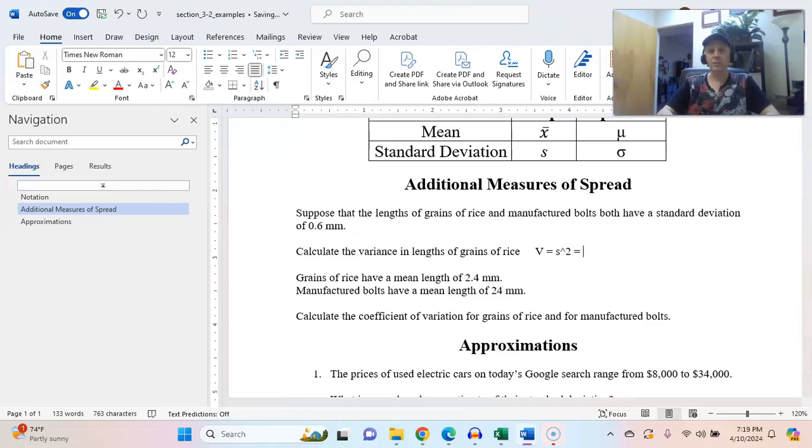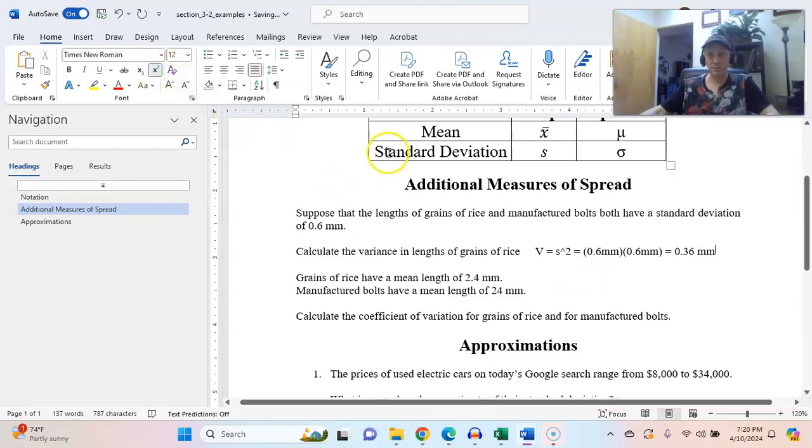So that would just literally be 0.6 millimeters times another 0.6 millimeters. And this would give you 0.36. And the units for that would be millimeters times millimeters, or millimeters squared, square millimeters.